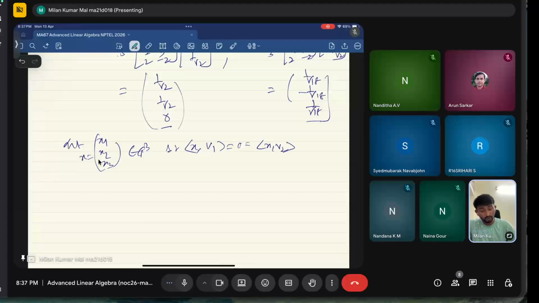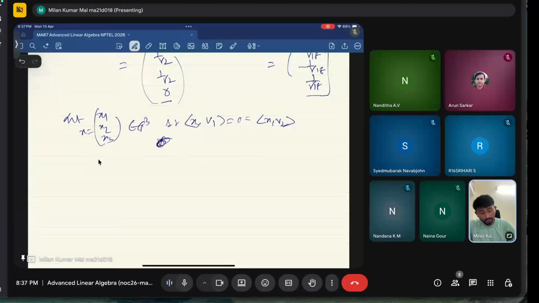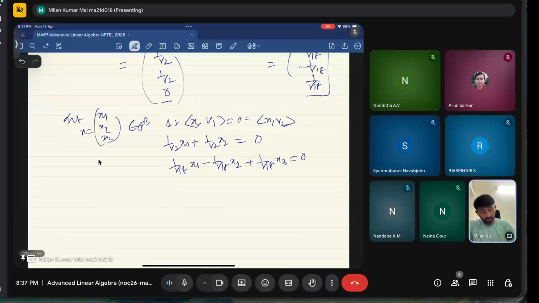So I have to find x1, x2, x3. What we obtain: 1 by square root of 2 x1 plus 1 by square root of 2 x2 is equal to 0. Another is 1 by square root of 18 x1 plus minus 1 by square root of 18 x2 plus 1 by square root of 18 x3, that is going to be 0.